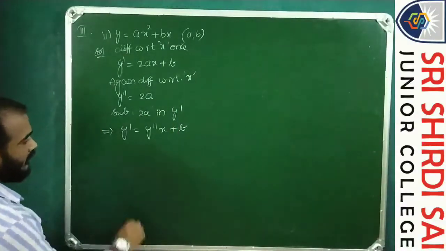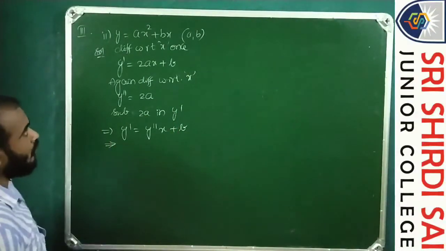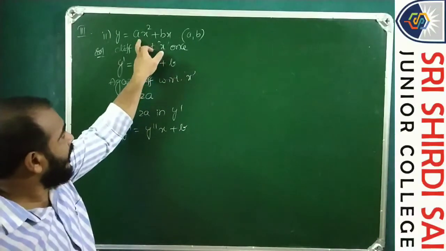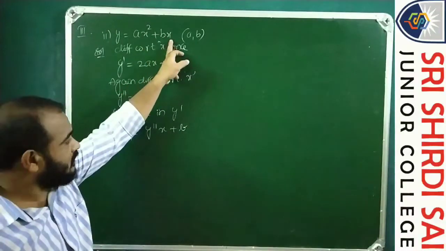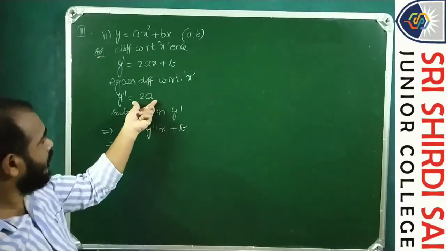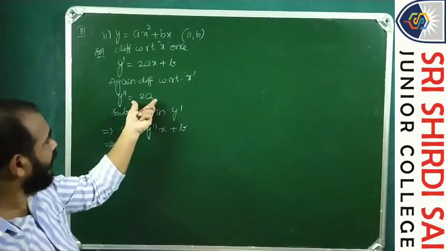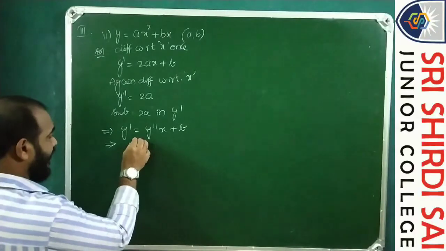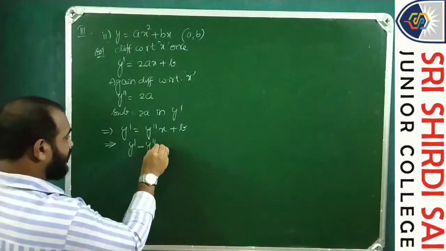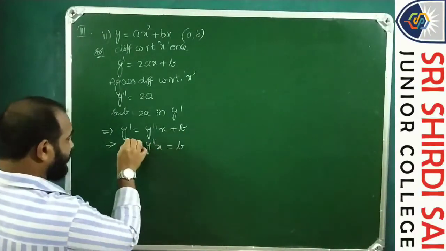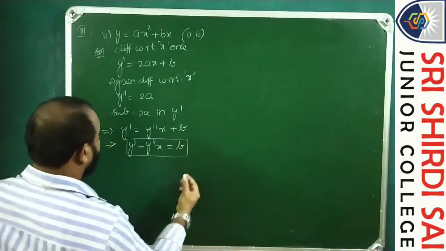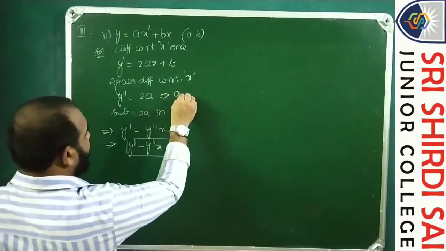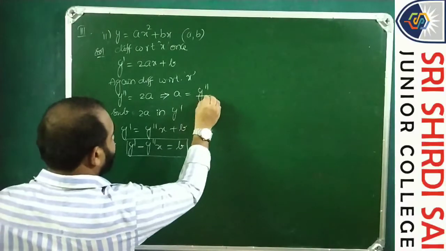Because a and b are the arbitrary constants, we need to find a and b here. So this is y dash minus y double dash x is equal to b, and from this a is equal to y double dash by 2.